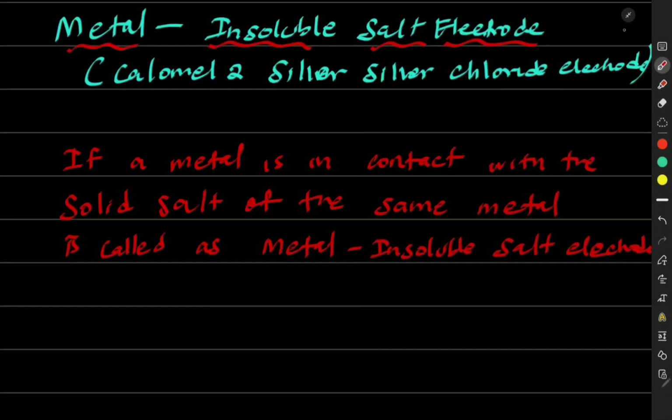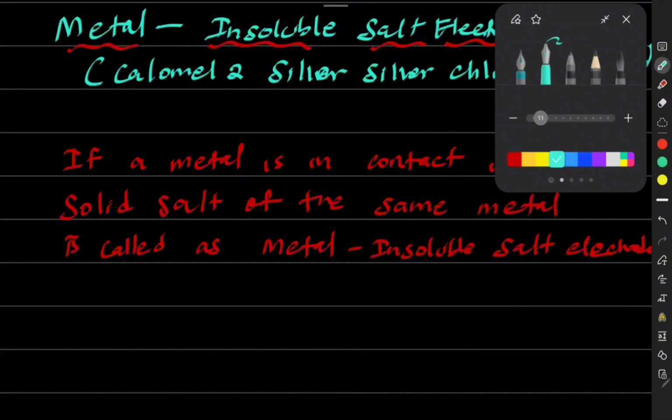In these electrodes, a saturated solution of KCl is used for electrical conductance. Let's write it down.